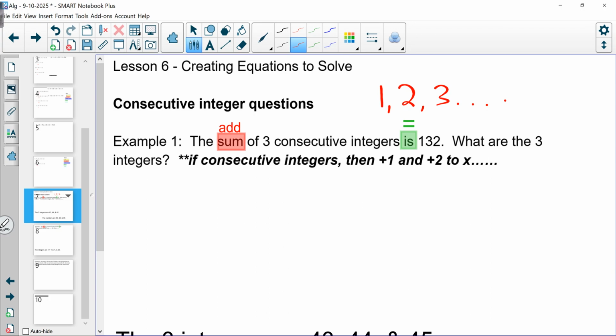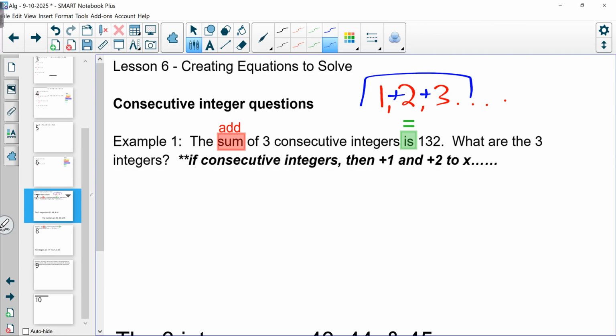Now, it says of 3 consecutive integers. Well, we know what consecutive integers are. It's just like this, 1, 2, 3. If I add up 1 plus 2 plus 3, what do we get? 6. Well, crud. See this little word right here that's in green?